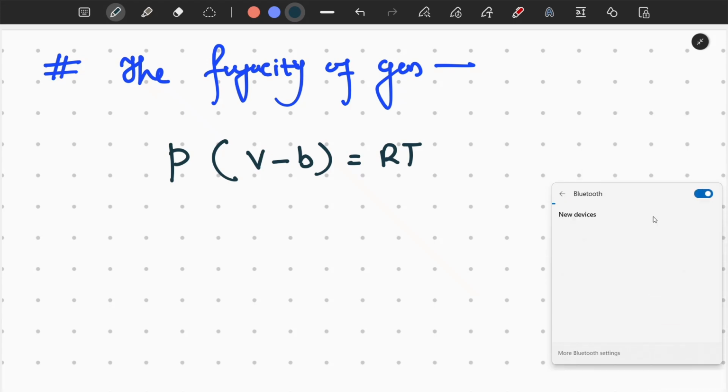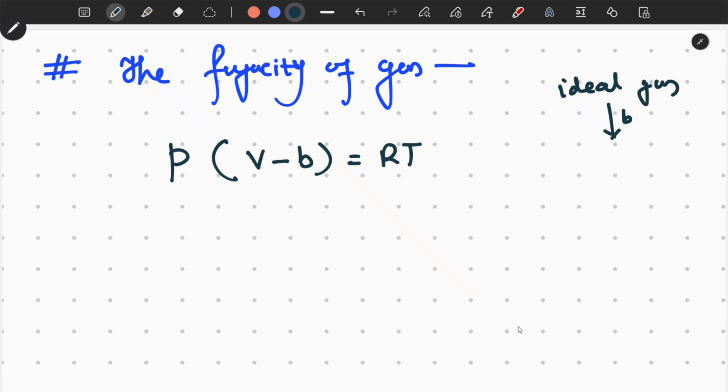Pressure we will consider by the fugacity coefficient. A is negligible. It's an ideal gas.